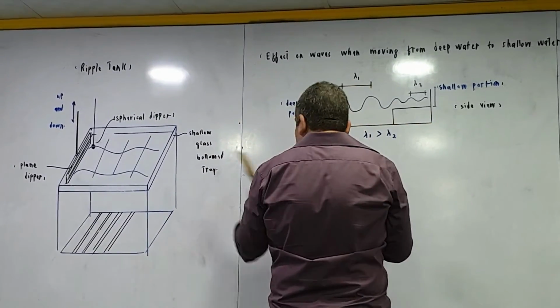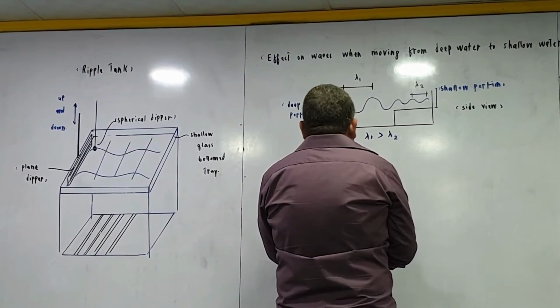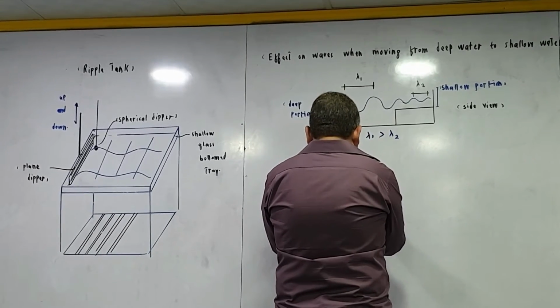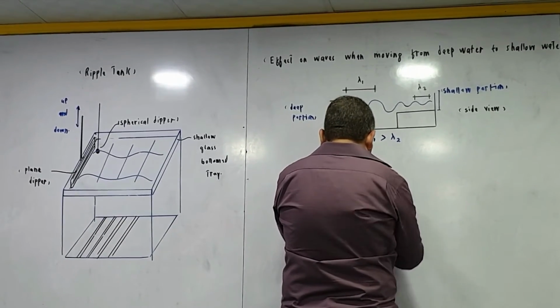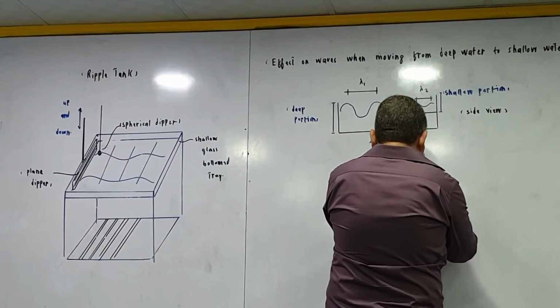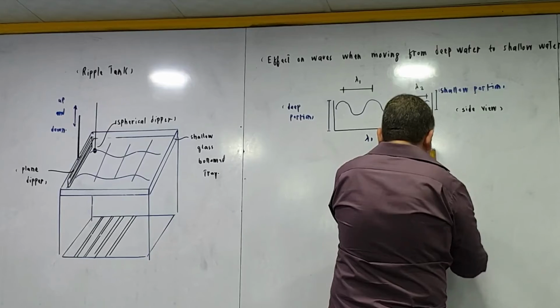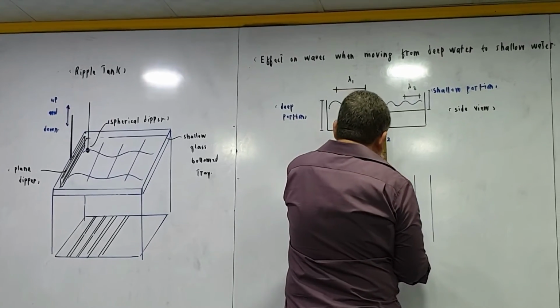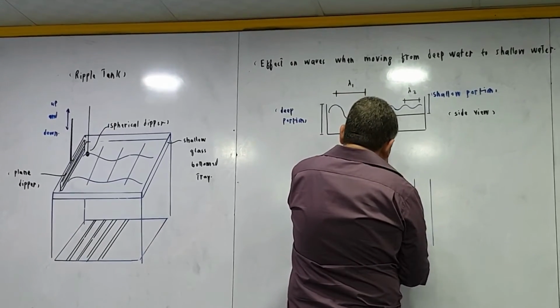So we have a number of wave fronts. These wavefronts will behave like this. And these are the wavefronts from where we have started the shallow portion.